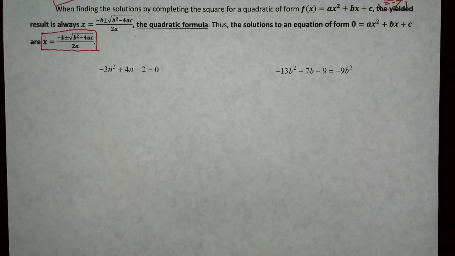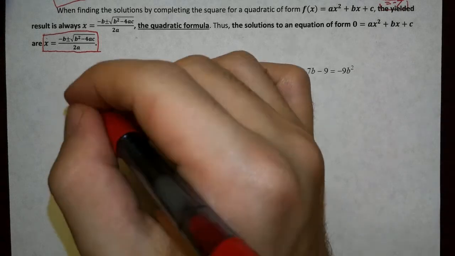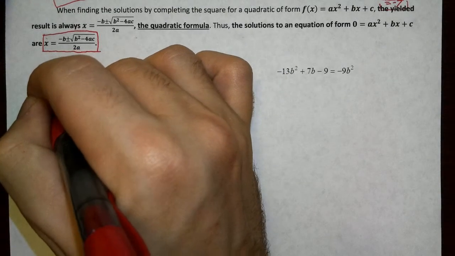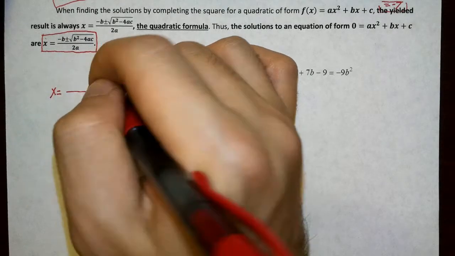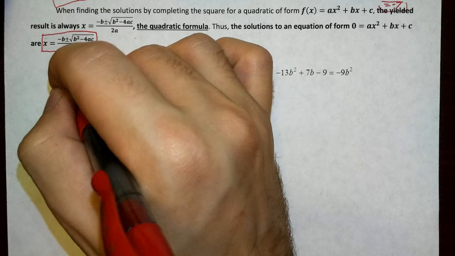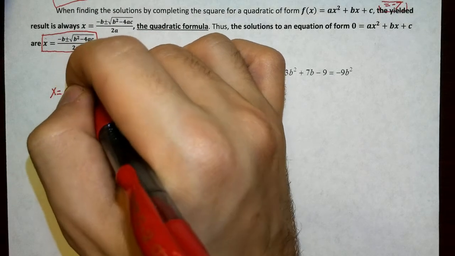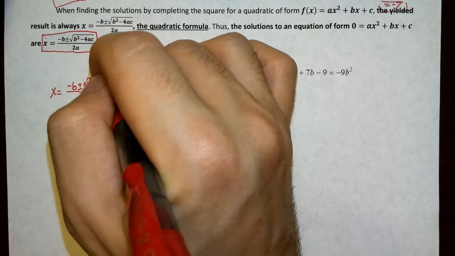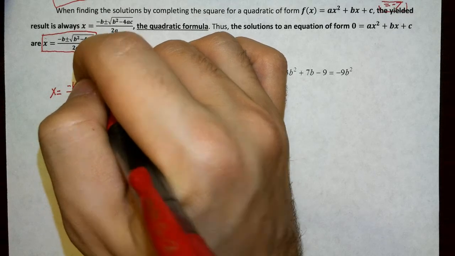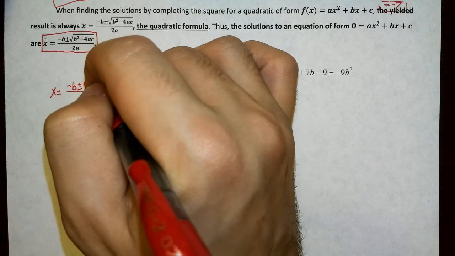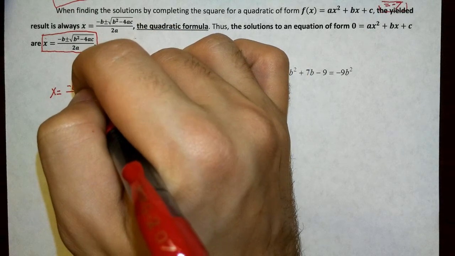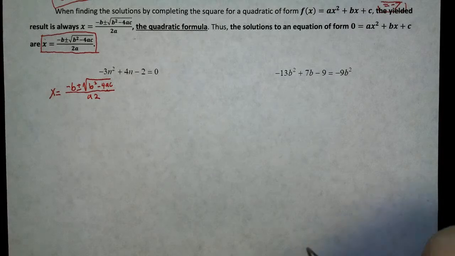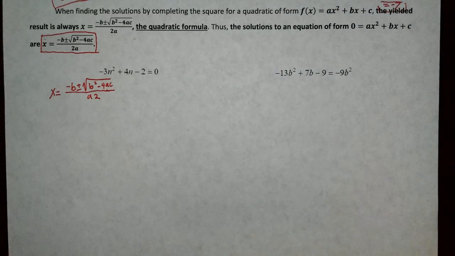So let's use this quadratic formula in all of its beauty and wonder, resulting from the perfect square method. Plus and minus the square root of b squared minus 4ac. I'm going to write my quadratic formula again, just so I'm clear on what it is.